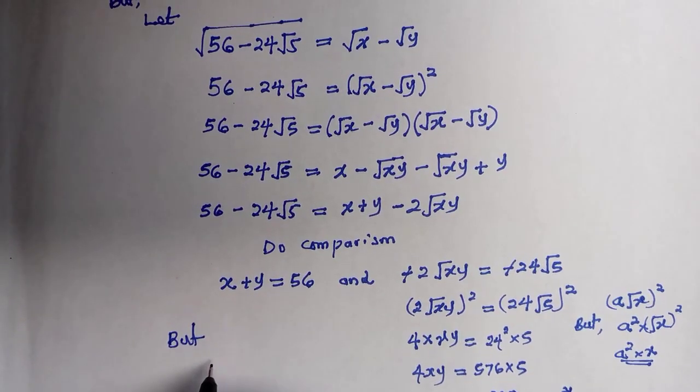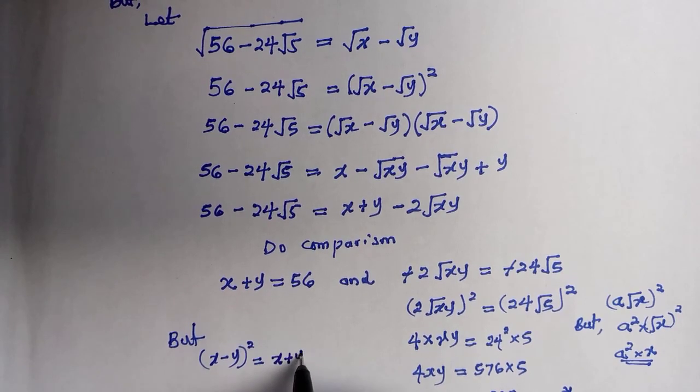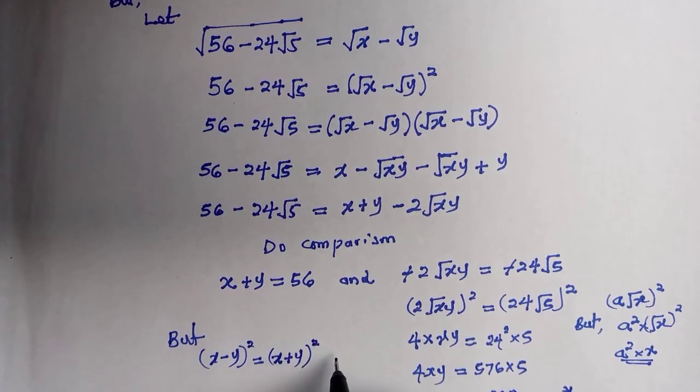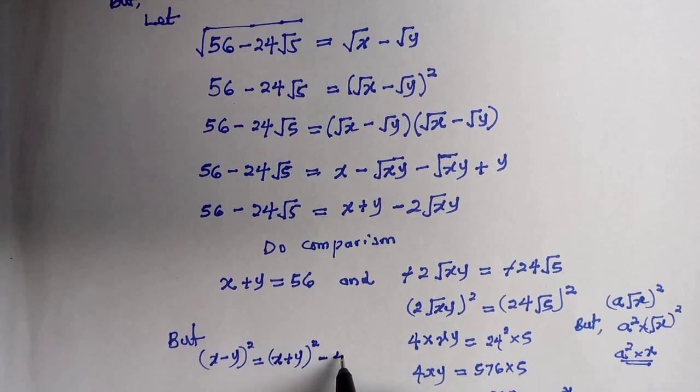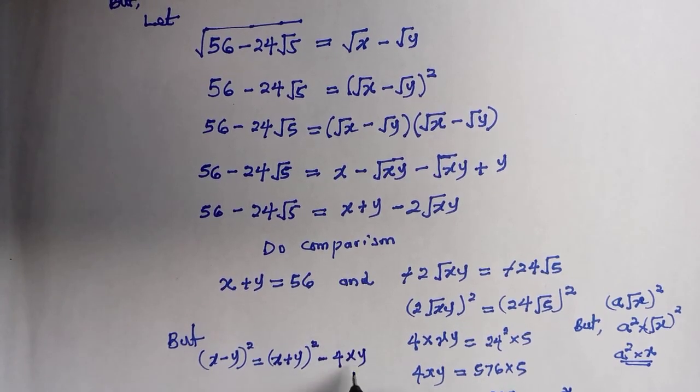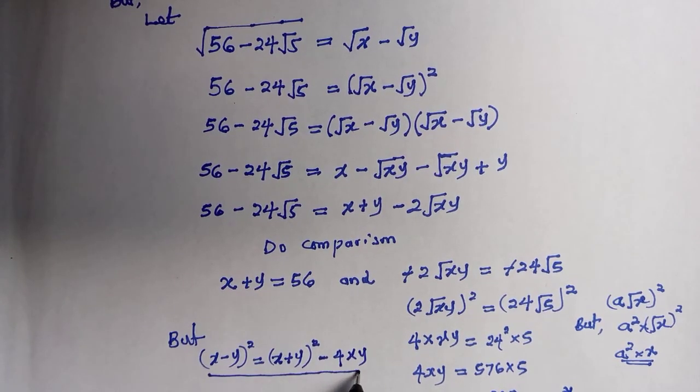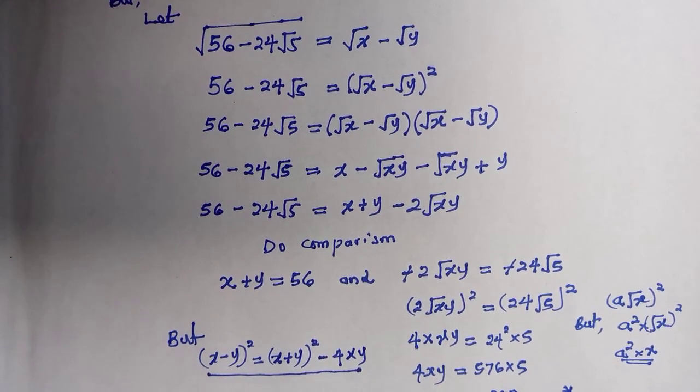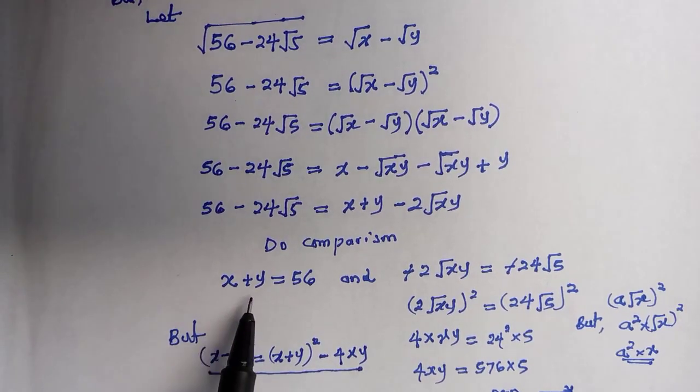Okay, but you have x minus y all squared. So this thing can also be x plus y all squared minus 4xy. So these two are the same. They are the same. So if you expand this left hand side, it will be equal to the right hand side. All right. But we have x plus y, which is 56.